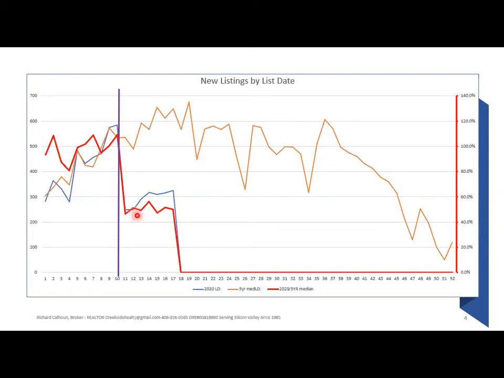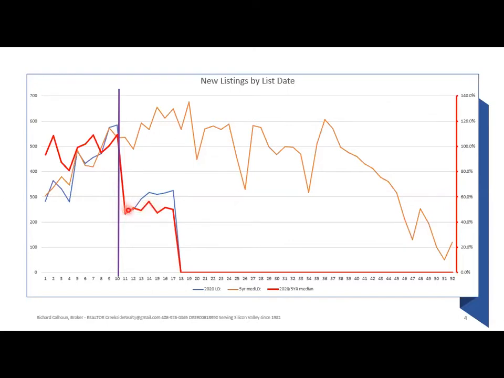And that's the ratio compared to the 5-year median. For the 5 years, I'm using 2019, 18, 17, 16, and 15. Figured those were pretty basic years. The actual number of listings is the blue line here that you read on the left-hand side. So we're getting about 300 new listings a week.